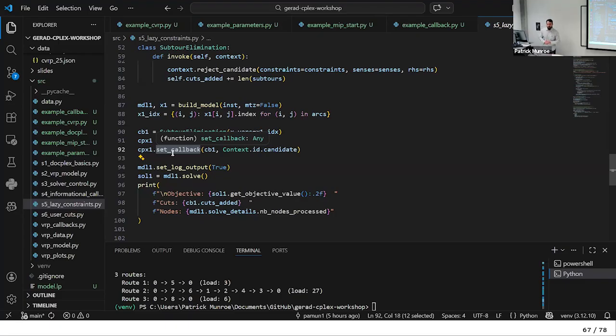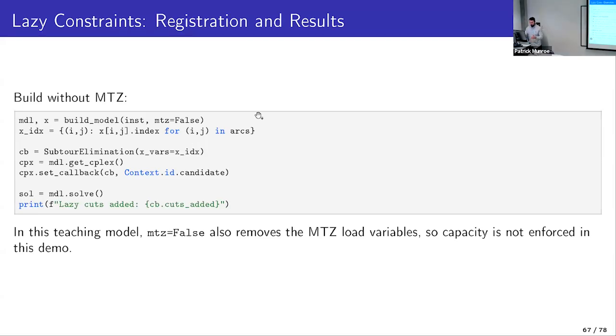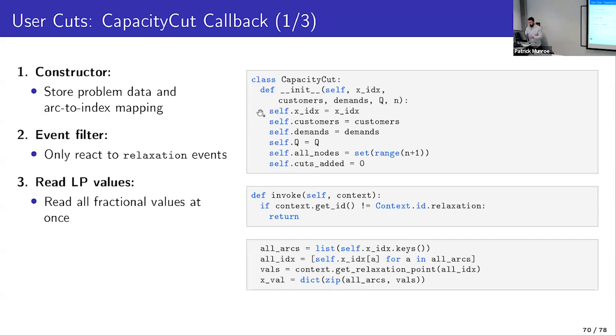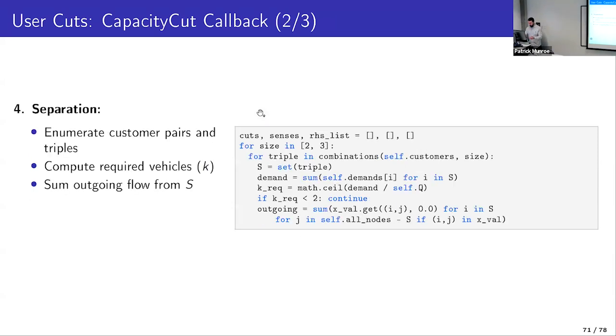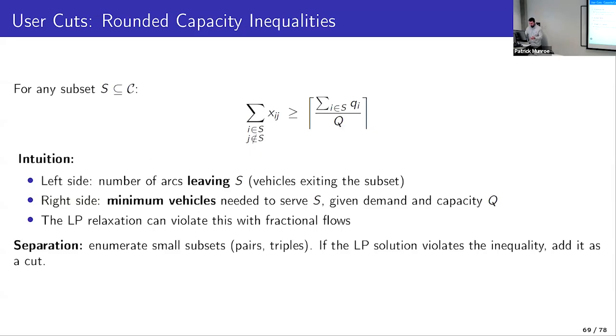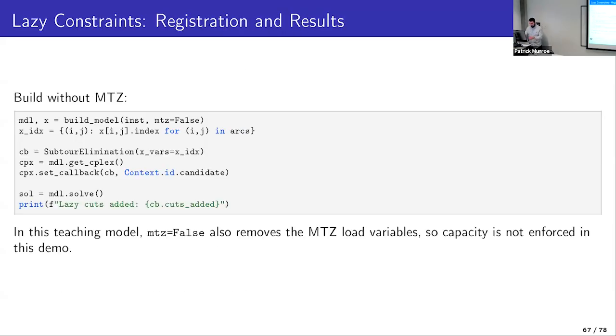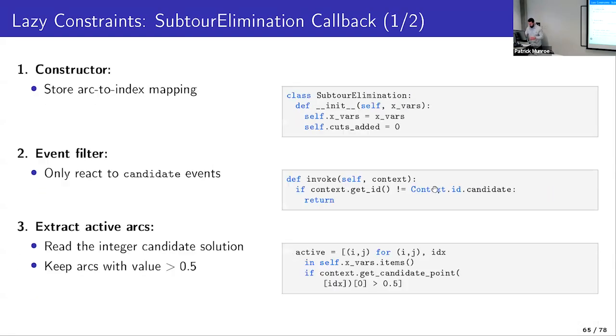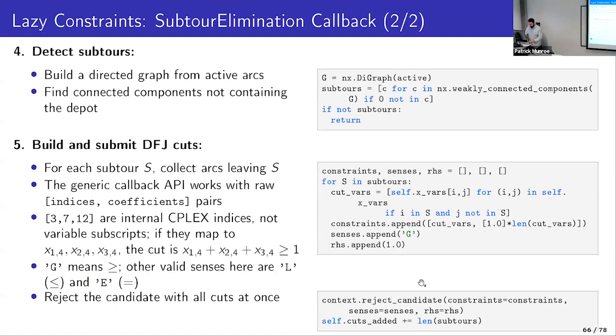So as you said, the subtour constraint in this case is a global constraint which is valid, but is it added to other nodes or just the nodes that appear after the current node? I think when it comes to lazy constraints, when you use the reject candidate, I think it's global all the time.